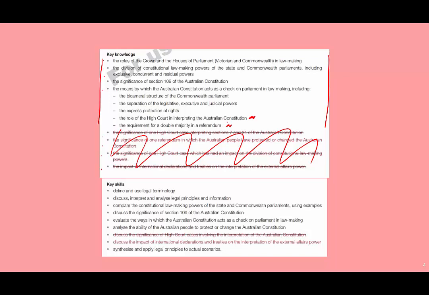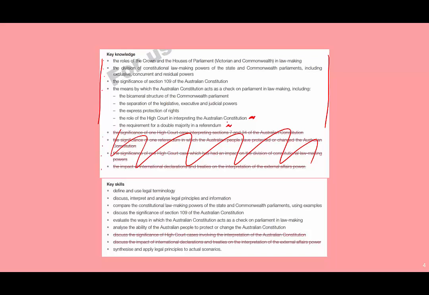So they've just taken out that next layer, but we still need to understand the base content around the High Court, what the Australian Constitution establishes in terms of their powers, the requirement for a double majority in a referendum, etc.